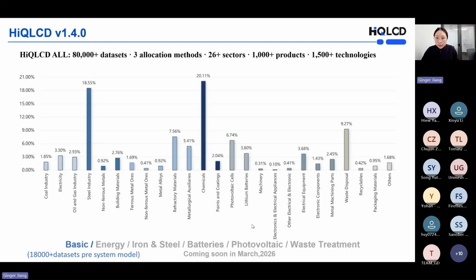It covers all product categories and industry sectors in the HiQLCD, with most datasets not distinguishing between specific technologies or processes. Other sector-specific packages will be released in March 2026, including detailed technical datasets for corresponding sectors.